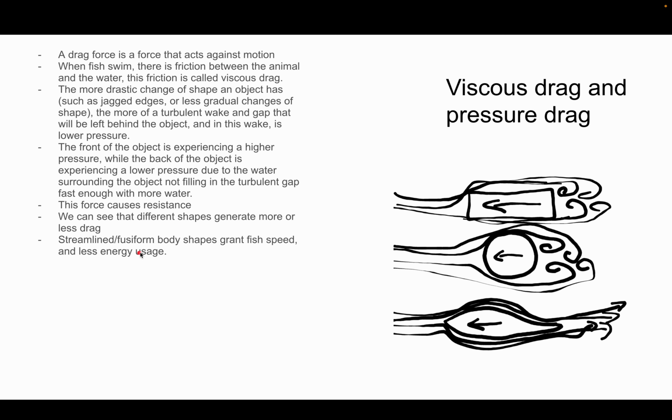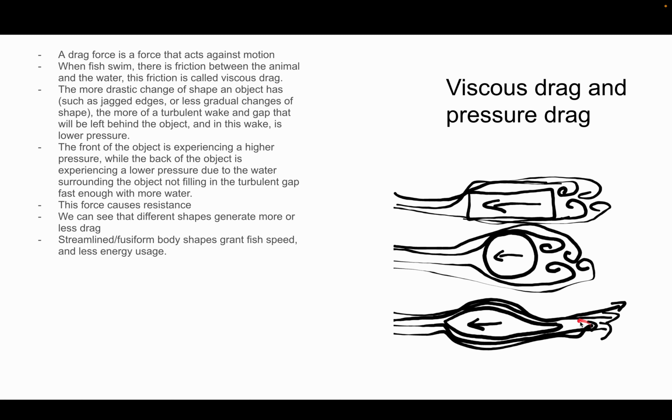The streamlined, or fusiform, body shapes grant fish speed and less energy usage. So here you can see this is the optimal shape, and it's optimal because there is little to no turbulence being created. There is little to no gap behind the object when the water passes by, or when the object cuts through the water.